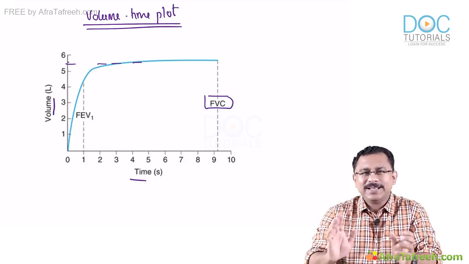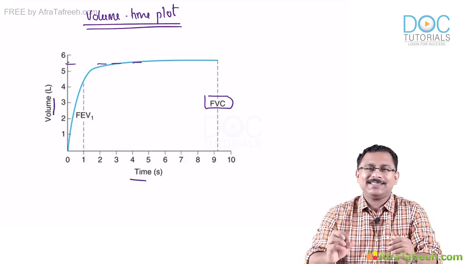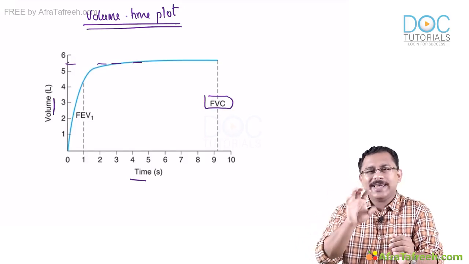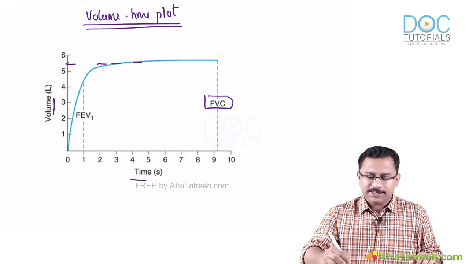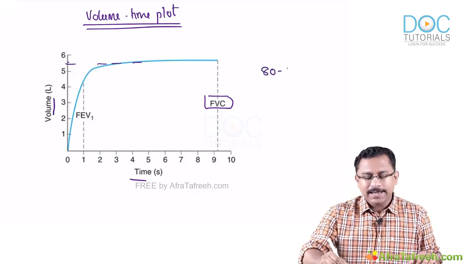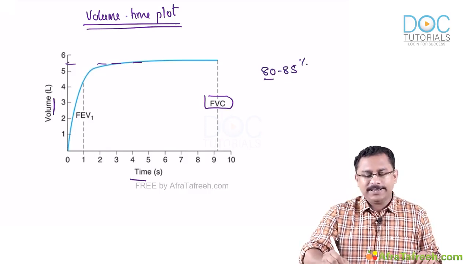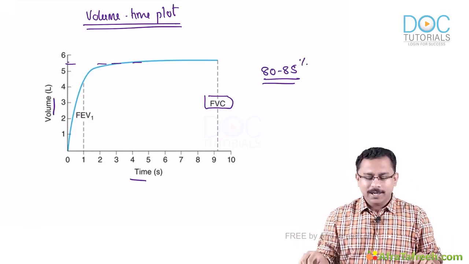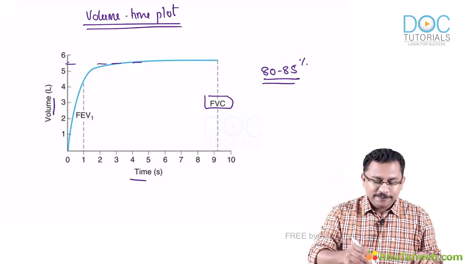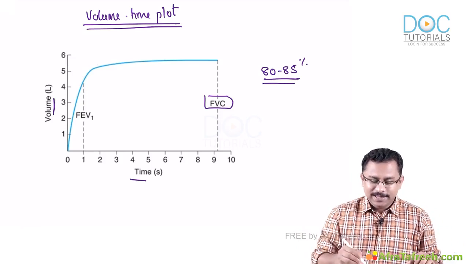Now an interesting feature of this forced vital capacity is that when you forcefully expire, almost 80 to 85 percent of the air that is expired happens in the first second.